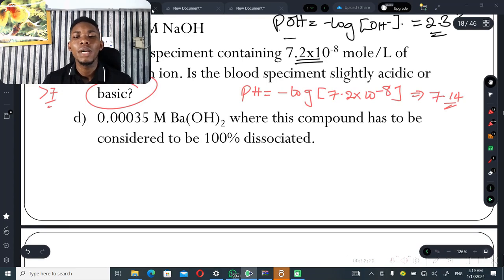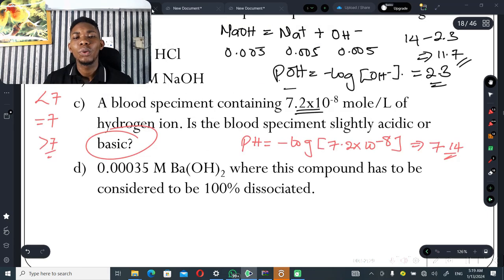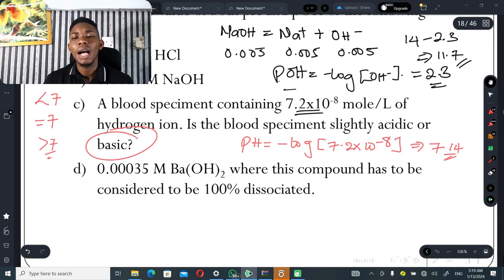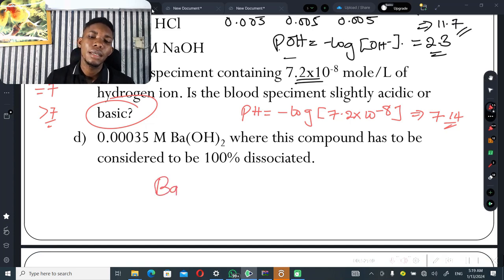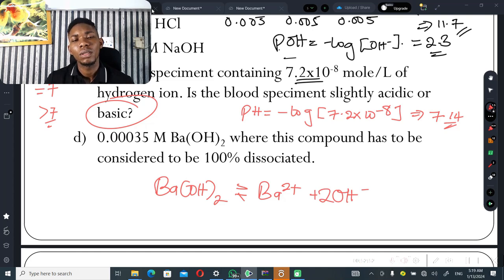Now, 0.00035 of this compound has to be considered to be 100% dissociated. Calculate the pH and the pOH. You can calculate the pOH of this one now, 14 minus this value to give you the pOH. So this one is barium hydroxide. So writing the equation of dissociation, this is going to give us barium 2 plus OH negative, but you have 2 OH negative here to balance this equation.